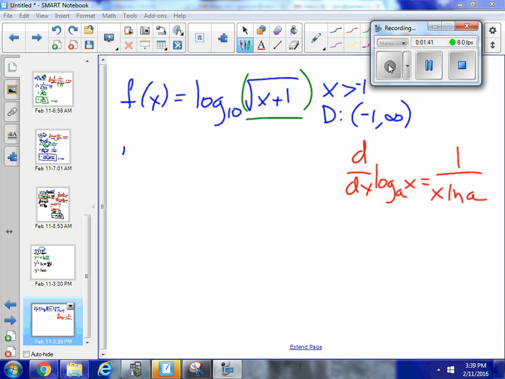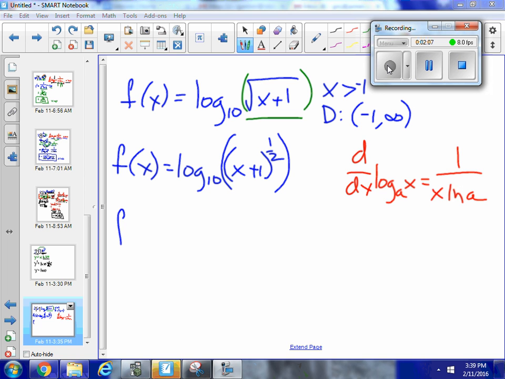But I think before I do that, I'm going to rewrite this as log base 10 and make my argument x plus 1 to the 1/2. That makes it a little bit easier for me. And let's just make sure we know that this entire thing right here is my argument.